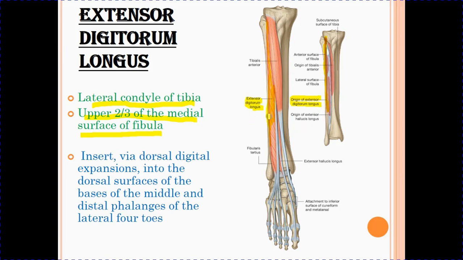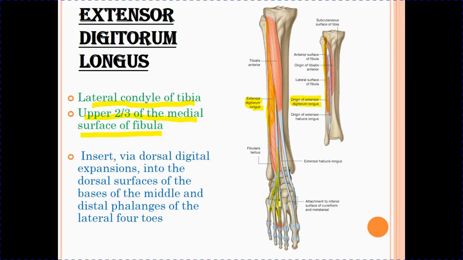Now the fleshy part is converted into a tendon, and when the tendon crosses the ankle joint, it splits into 4 tendons, and these 4 tendons run towards the lateral 4 toes.